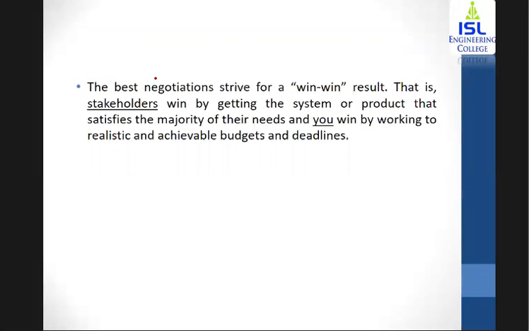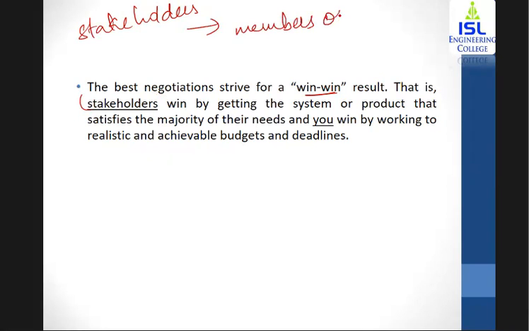Now the best negotiation strives for a win-win result. The win-win result is for the stakeholders. The win-win should be between the stakeholders and the members of the team, that are the people developing the software, the members of the software team.